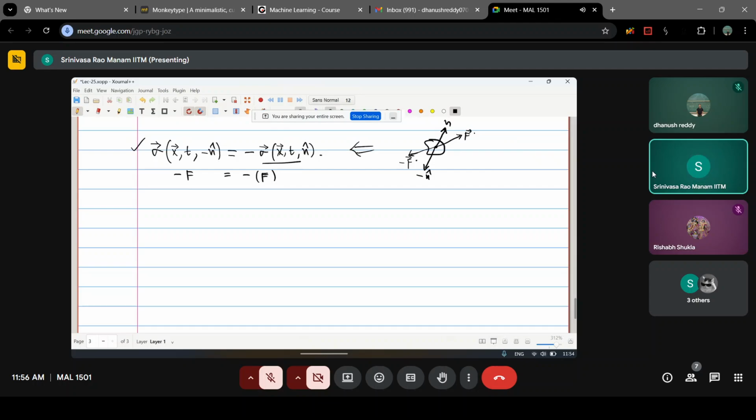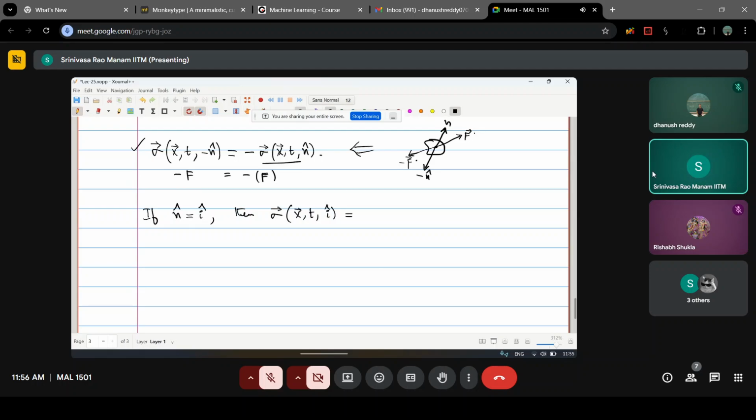So depending on the normal, I think the easy way is to take n cap equal to i cap. Then what is sigma at x, t, i cap? It will be something, some force acting along the i, isn't it?